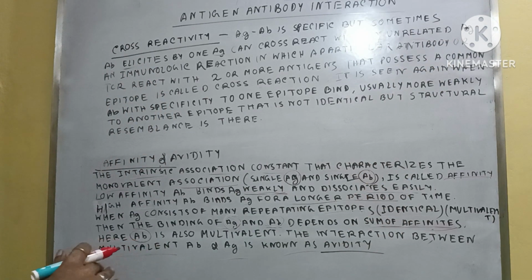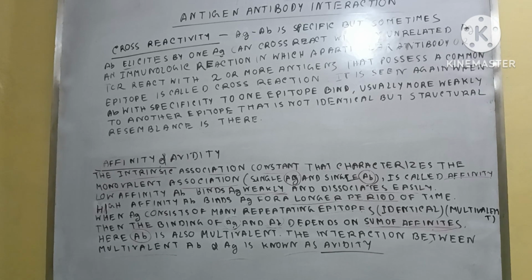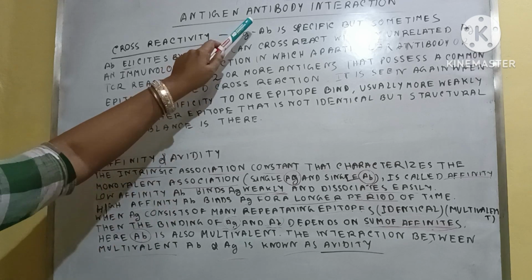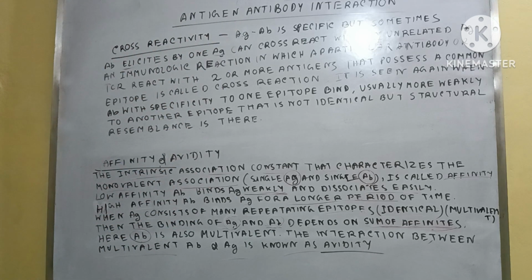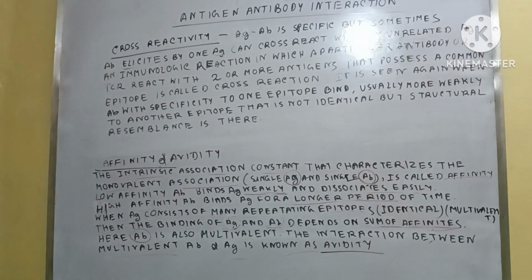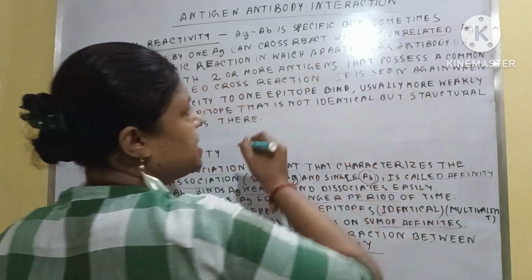That means the antibody is very specific to an antigen, but sometimes it has another capability: to bind with an unrelated antigen. Not the specific antigen, but it tries to bind with the unrelated antigen.